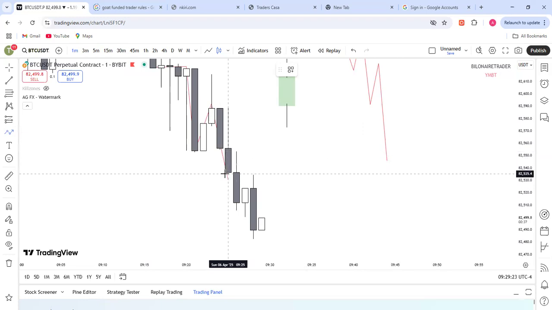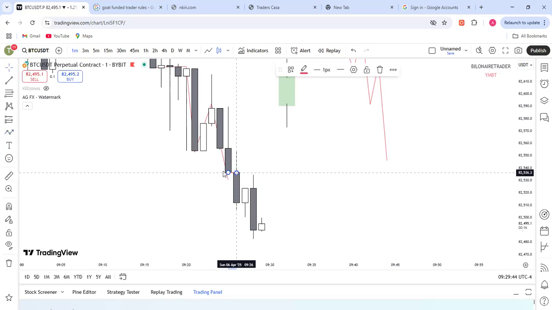After it closed, you see how it closed? The market closed in this region. Then the next candle did what? It opened in this region. That is the opening, the next candle opened there. And after opening, it did what?